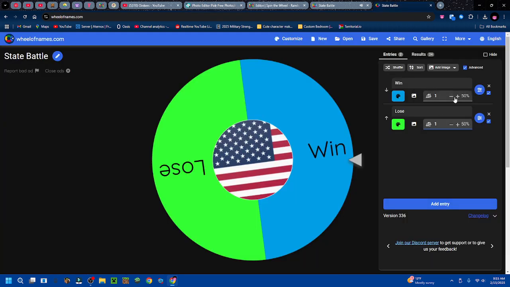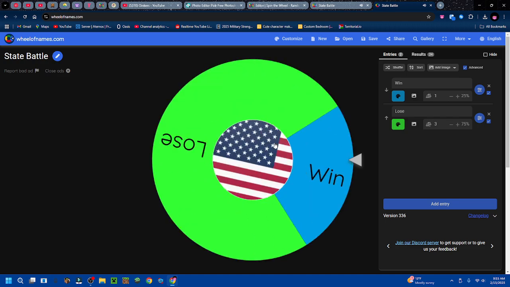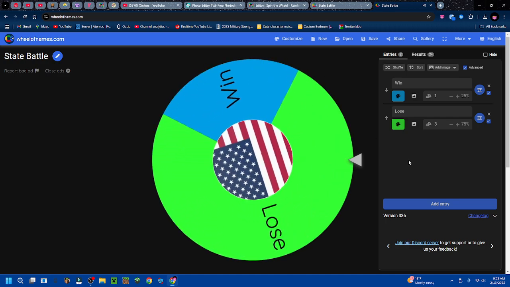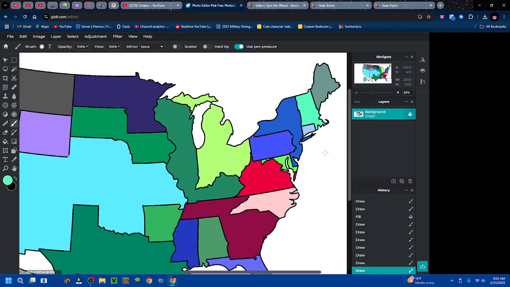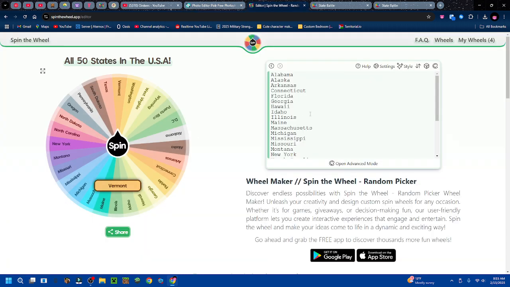Well, they own 1. And it looks like they're going to lose. Alright. So now, Vermont is under the power of Massachusetts. Fix that real quick. And paint bucket. Move these borders that we have here. It's the same thing. And bam! It's all Massachusetts. Always has been. So Vermont.